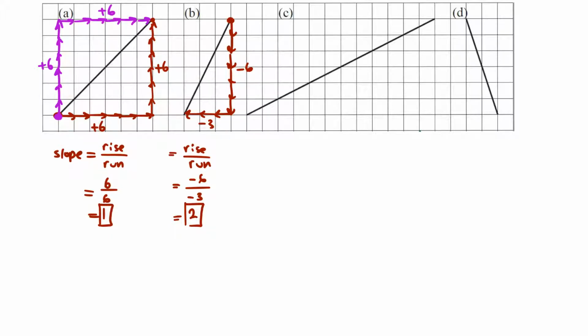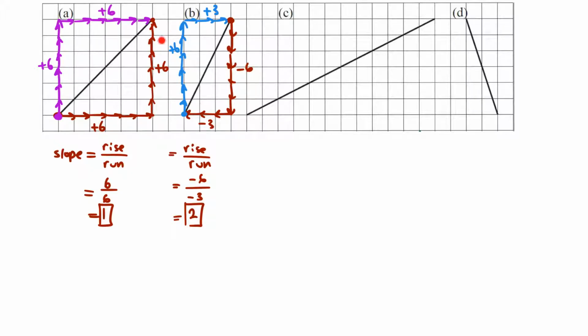Now, if I had started from this point, I should get the same value. Let's try it. I will get rise of 1, 2, 3, 4, 5, and 6, so +6, and 1, 2, 3. Since I'm going to the right is positive. So once again, actually, I forgot to mention this. If you're going to the right is positive. If you're going to the left is negative.